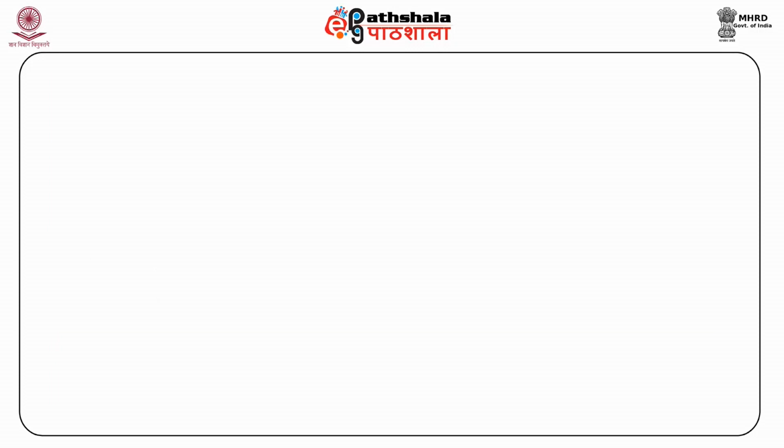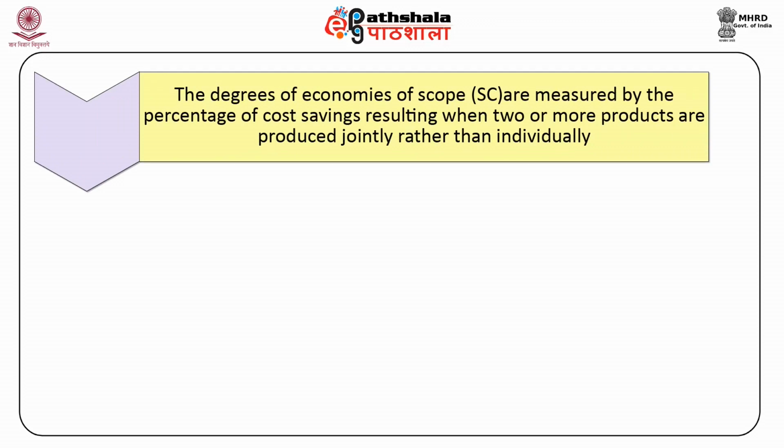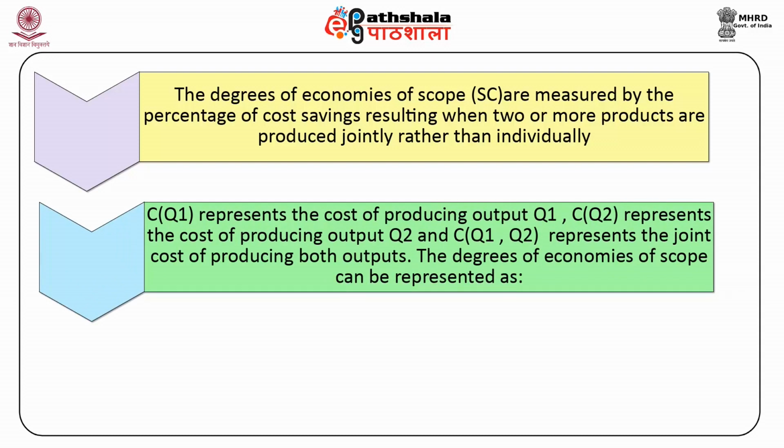Next, you shall know about the degrees of economies of scope. The degrees of economies of scope, SC, are measured by the percentage of cost savings resulting when two or more products are produced jointly rather than individually. C(Q1) represents the cost of producing output Q1.